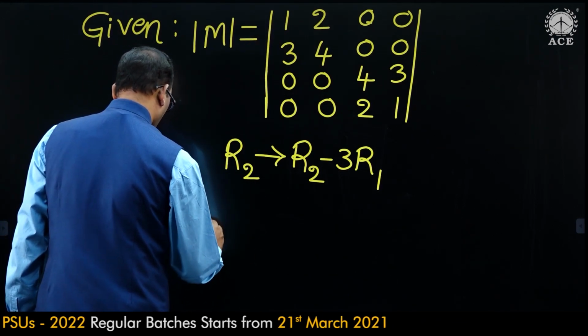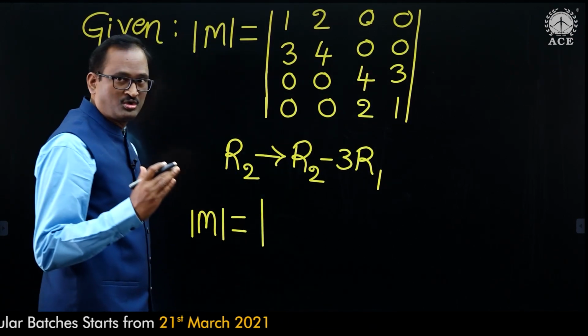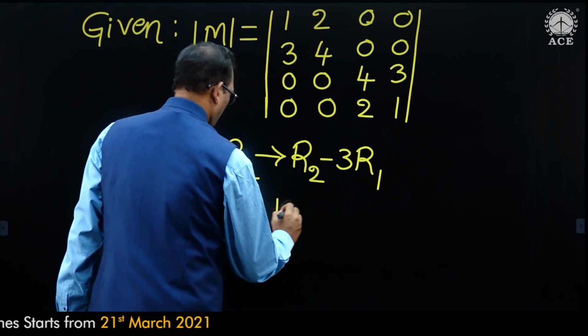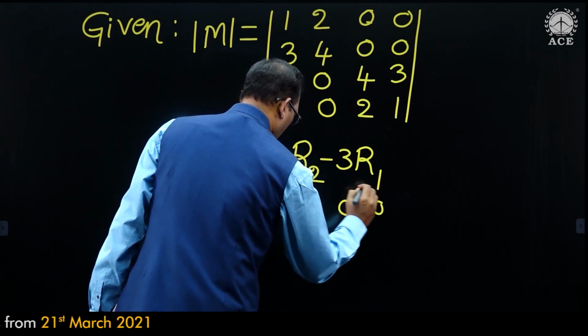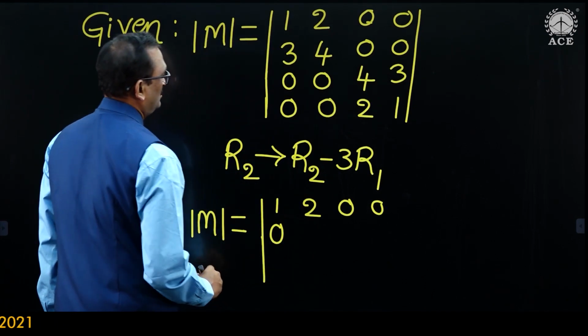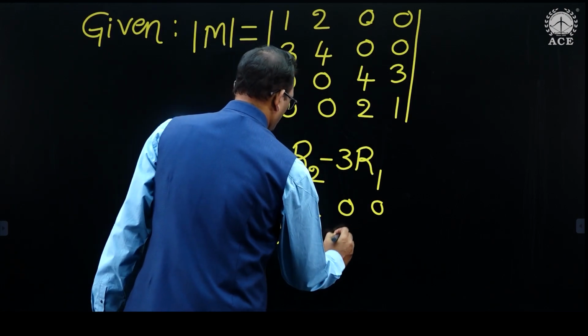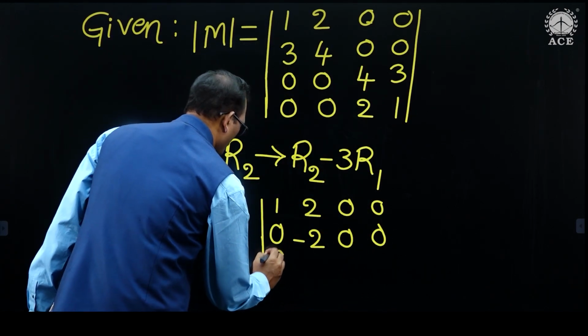So M is equal to first row as it is, that is 1 2 0 0, then 3 minus 3 is 0, 4 minus 6 is minus 2, 0 0, and the third and fourth rows as they are.